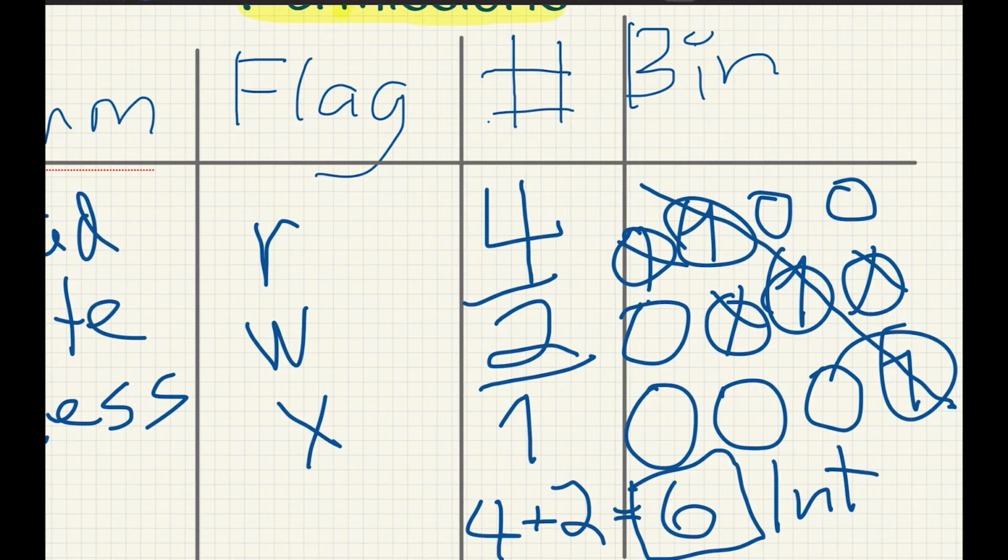At least up to 4.3 billion or whatever. And we can store all possible combinations of these flags as well in one single integer. And that is a very, very powerful way of storing data.